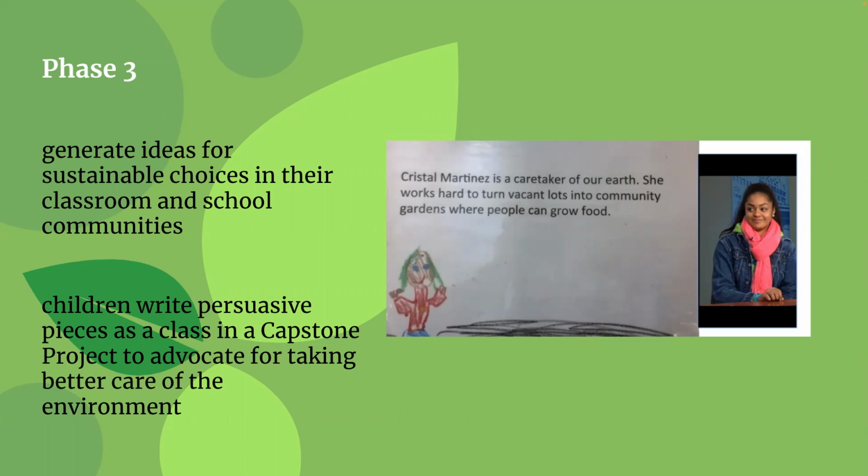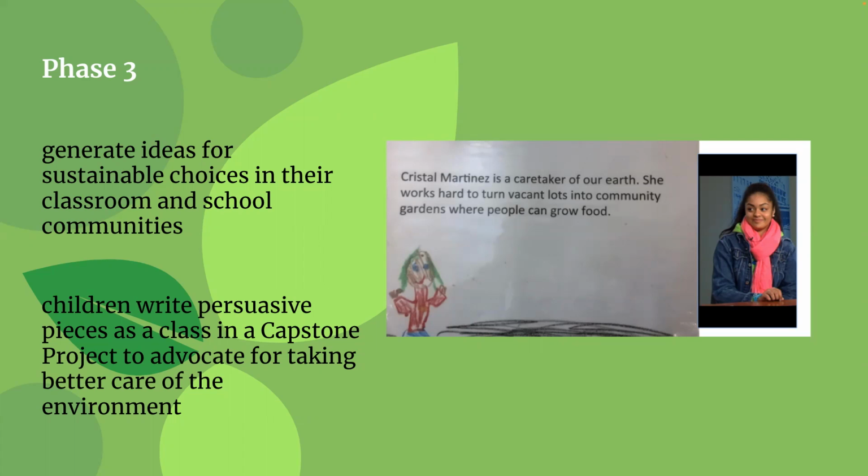So these are, quote unquote, books that were written by Boston teachers, Boston community members, Boston professors, some of my colleagues from the department, just highlighting a caretaker that they know. And so this idea empowers children to think about, what are ways that my mom is a caretaker of the earth? What are ways that my teacher is a caretaker? And that really helps us to think about how anyone can be a caretaker by doing small things.